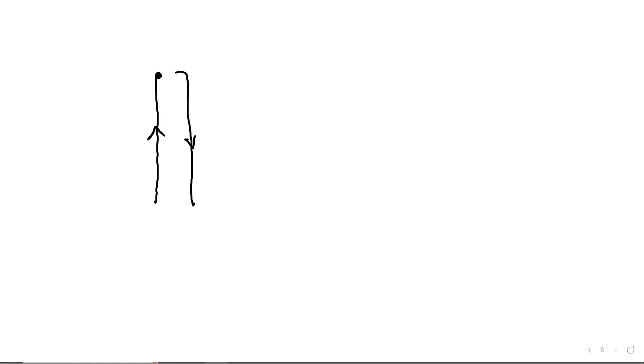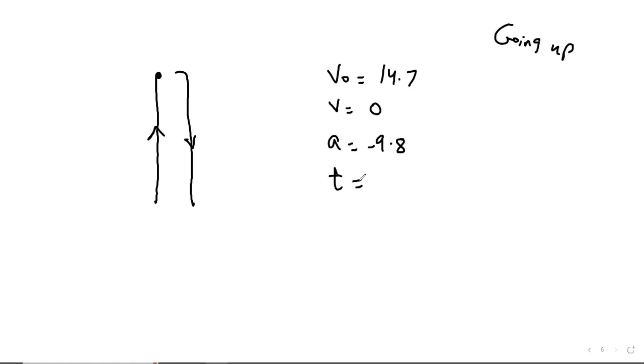How can we get the maximum height? To get the maximum height, you know that V initial is 14.7, and V final is 0. I'm talking about the going up only. And the acceleration is negative 9.8, and the time is 1.5 seconds.